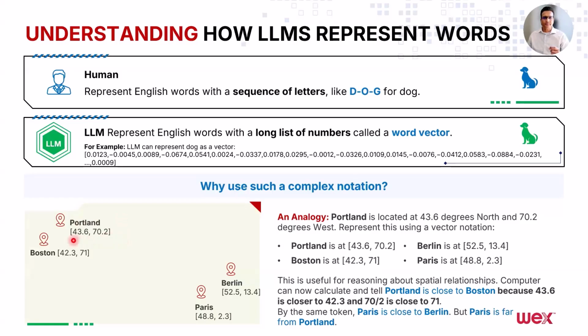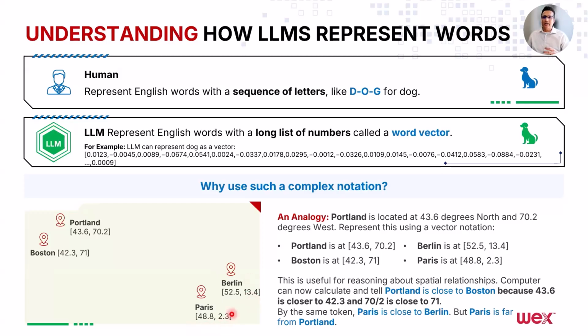Portland has coordinates 43.6 and 70.2. Then another place closer to Portland called Boston has coordinates 42.3 and 71. Now, think about other cities in Europe like Berlin and Paris. Berlin has coordinates 52.5 and 13.4, and Paris has 48.8 and 2.3.